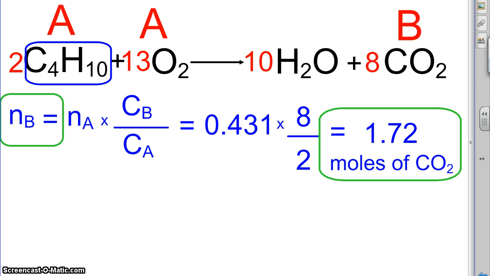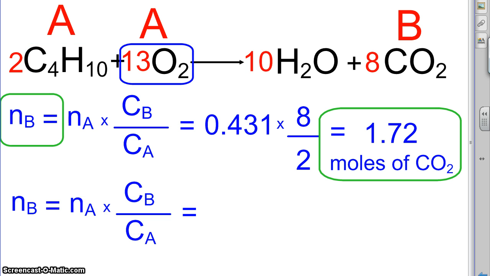We now need to move to the next A. We got to move to the oxygen. So now that we know the moles of B that butane can make, we got to figure the same thing out for what oxygen can do. So oxygen, same formula there. So we're going to start with moles of A, but be careful. We're not going to start with 0.431 this time, because that was the moles of butane. We want the moles of oxygen, which we just calculated as 1.25.